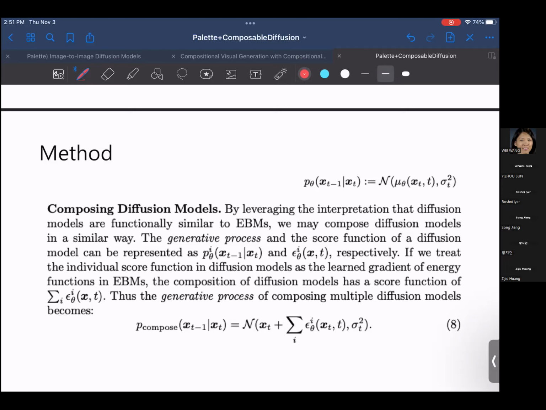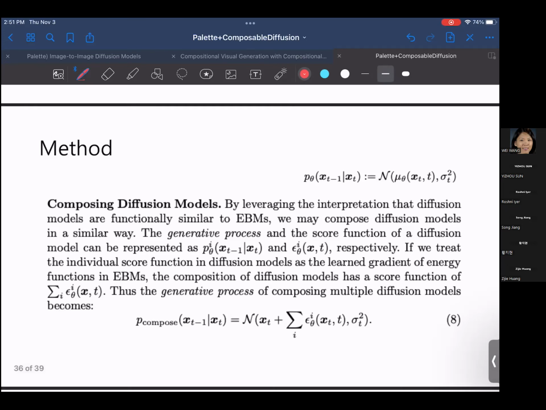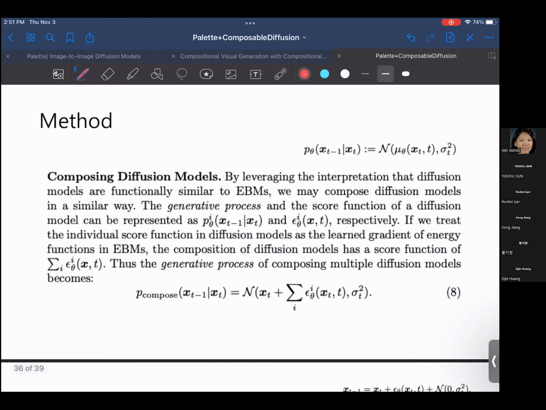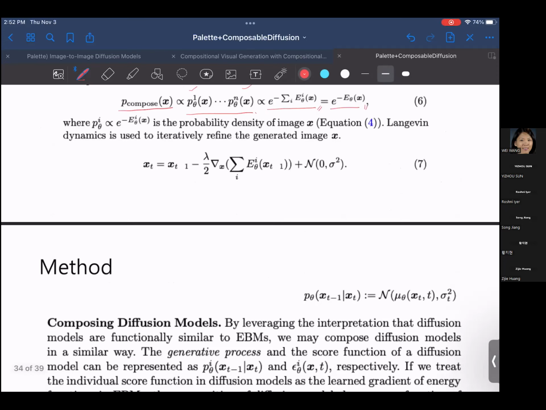For negation, I think it's worth further discussing here. So why can negation be considered as the ratio of the two? For example, we have two probabilities, and negation is just the first probability divided by the second probability.